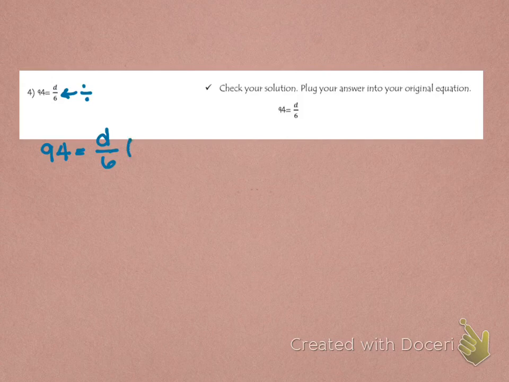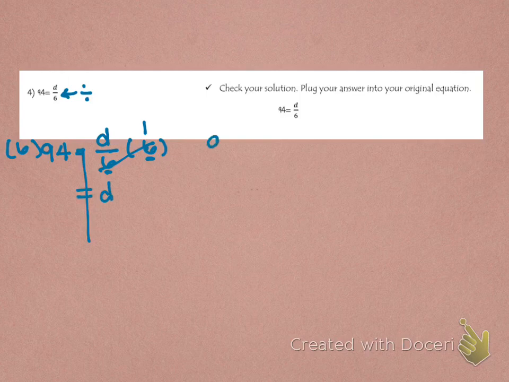That tells me that I'm multiplying on both sides. Now, it says D divided by 6. So if I'm dividing by 6, then I'm going to be multiplying by 6 on both sides. 6 right here, this 6 means that it's 6 divided by 6. 6 divided by 6 is 1, and 1 times D is just D.